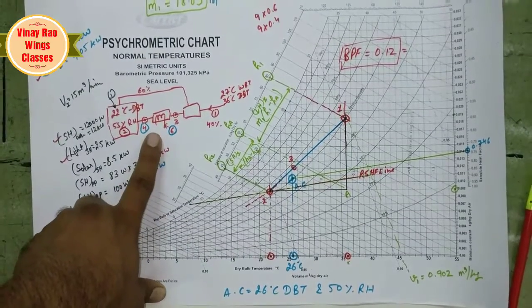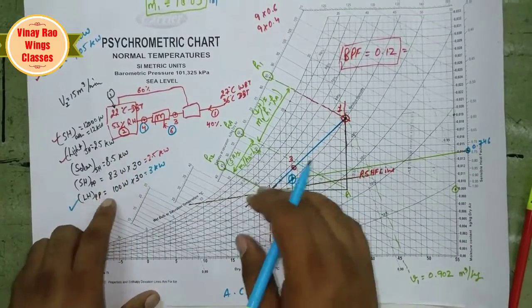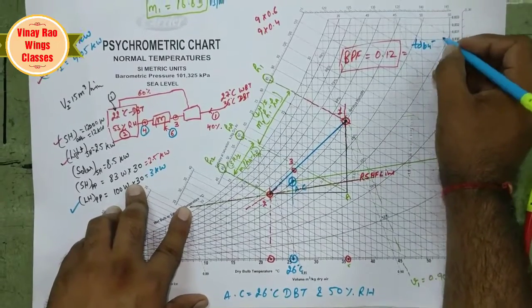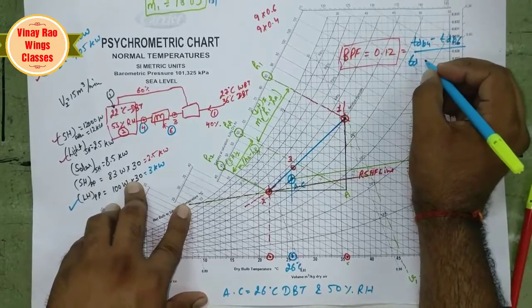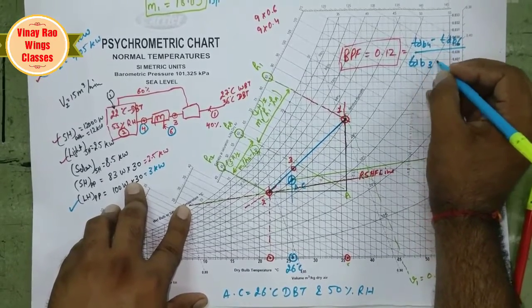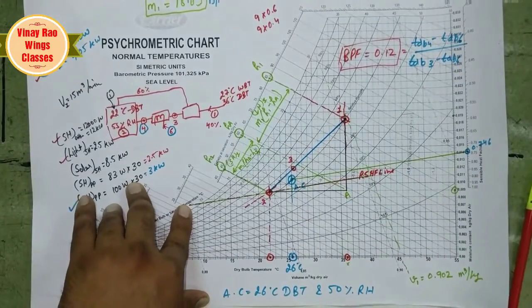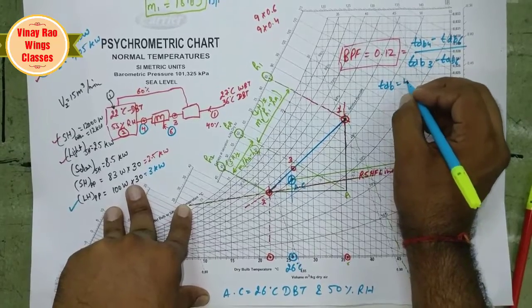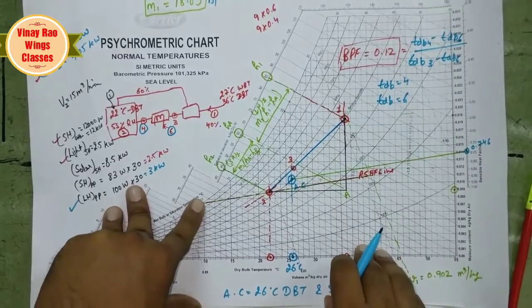These are the cooling coil temperatures. We got a formula: TdB4 minus TdB6 divided by TdB3 minus TdB6, and we solve it by the hit and trial method. We got the values of TdB4 and TdB6.